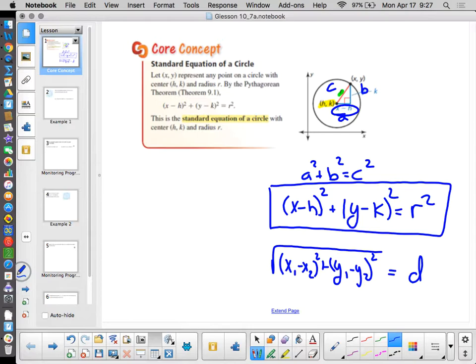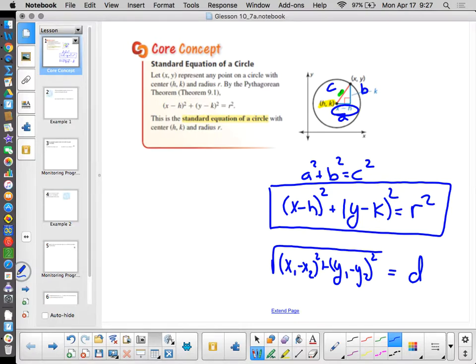So instead of r, it uses d. Instead of h and k, it uses x2 and y2. And it takes the square root of both sides of it. But it's the same equation, actually. Distance formula and equation of a circle are essentially the same equation. And it's also the same as the Pythagorean theorem. All three of them are just different ways of representing the exact same concept.